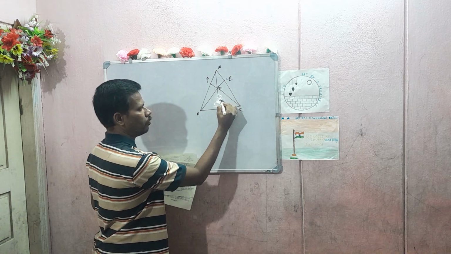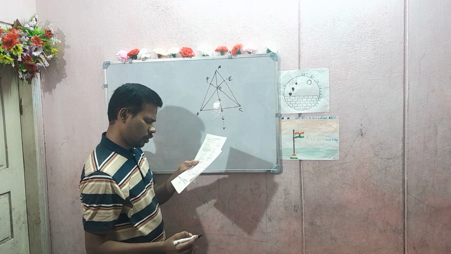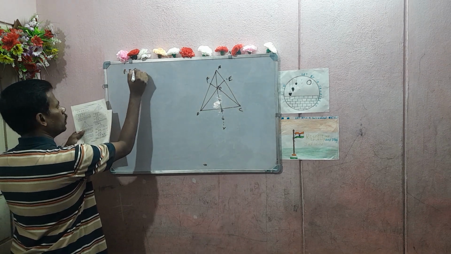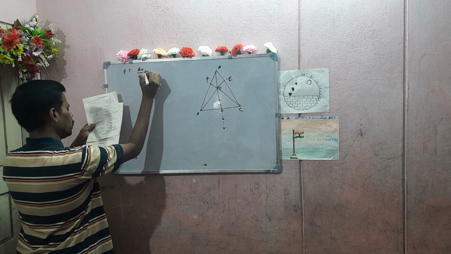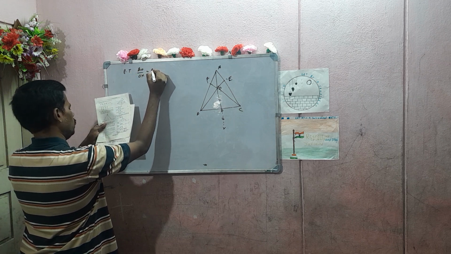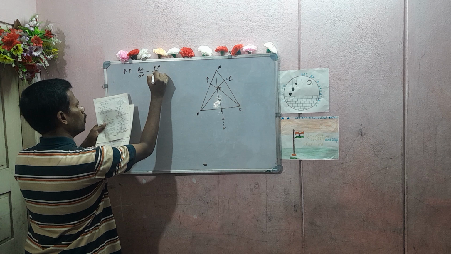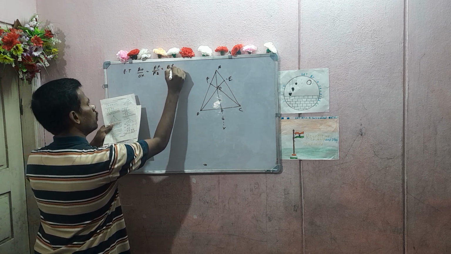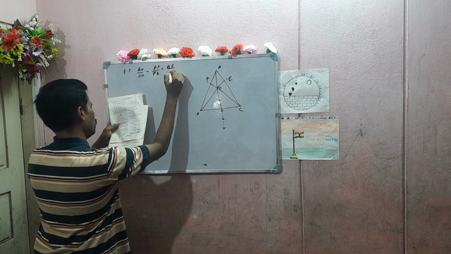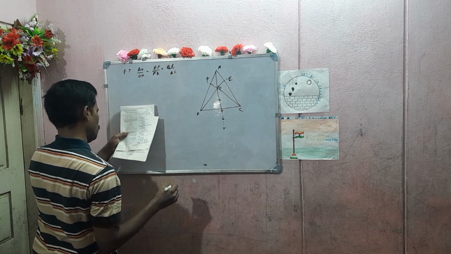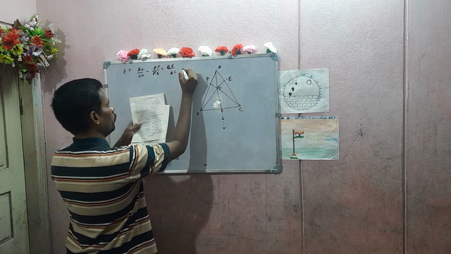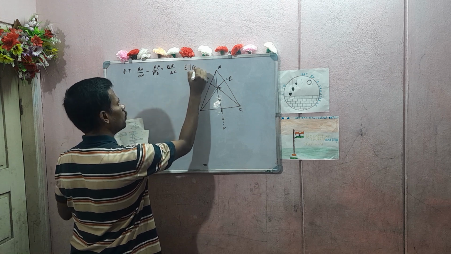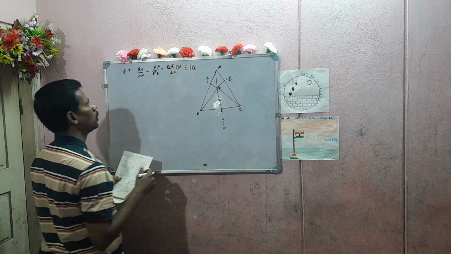Next, prove that AO by OX is equal to AF by FB is equal to AE by AC. And show that EF is parallel to BC. This is the second case.